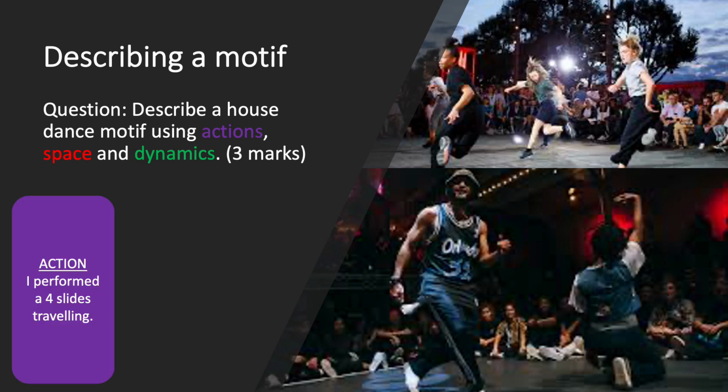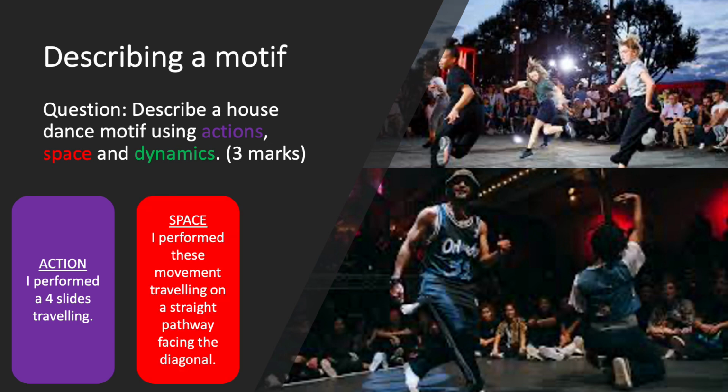Our actions, so the what of the movement, and I've put I performed a, oh that doesn't quite make sense, whoops. I meant to say I performed 4 slides travelling. I don't need the there, sorry about that. In terms of space, I perform these movements travelling on a straight pathway facing the diagonal.